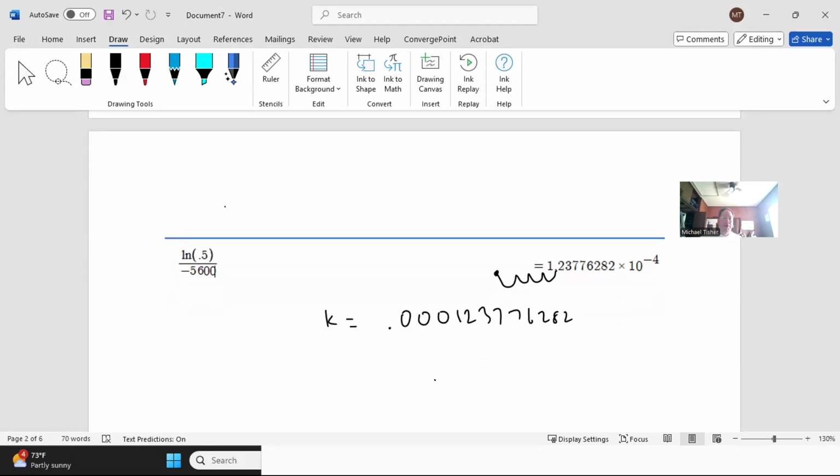All right, now this number will help us find how long it will take for the carbon-14 to be 63% of its original state. To do that, we'll go back to that formula. A of t is equal to a sub 0 e to the negative kt.